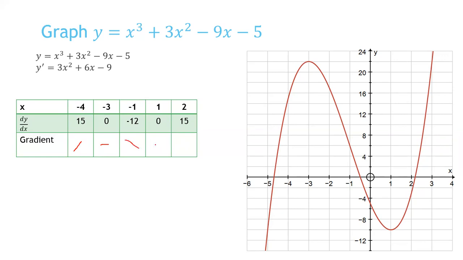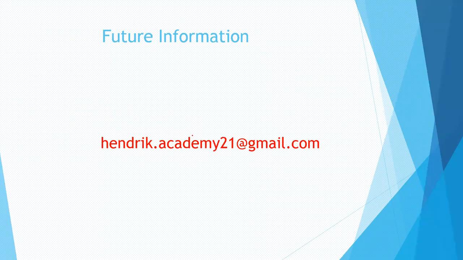Okay, and this is the minimum turning point. And when x equals 2, the gradient is increasing, like this.